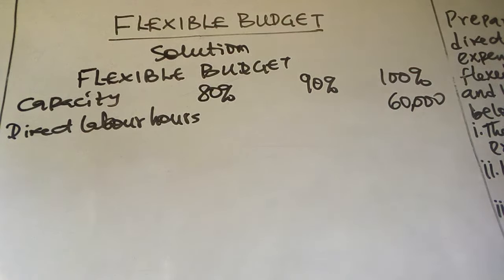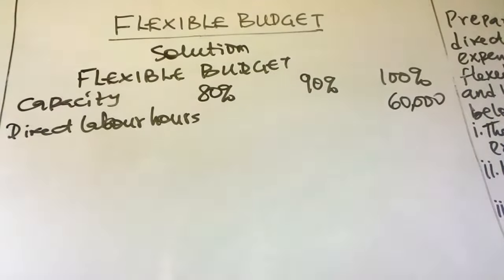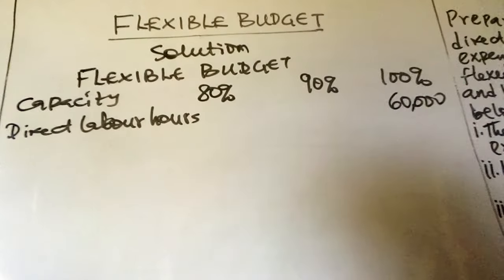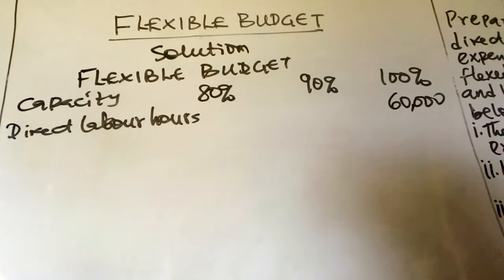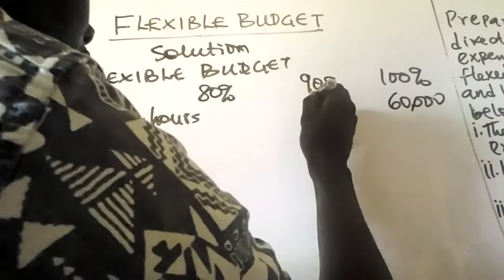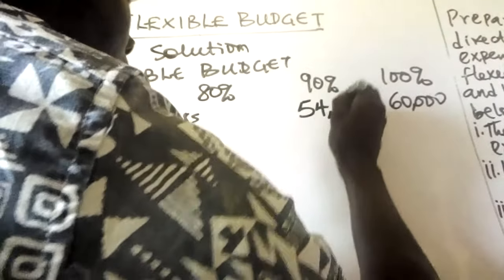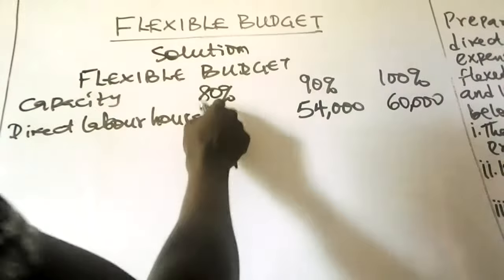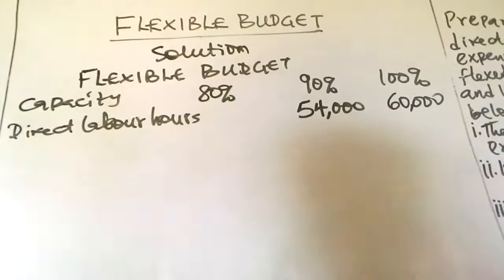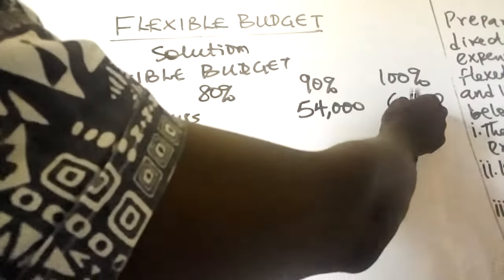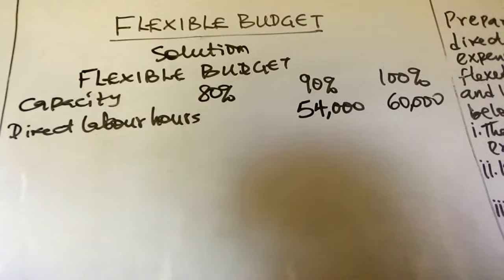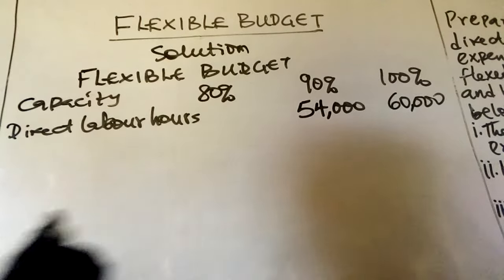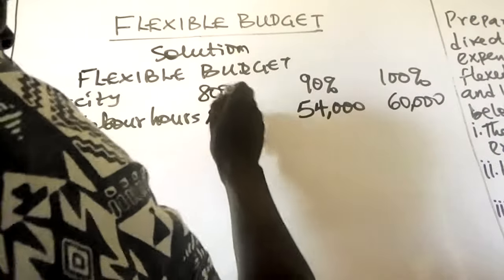Therefore, for 90% capacity, you calculate 90% of 60,000, that will give us 54,000 direct labor hours. Then for 80% capacity, you calculate 80% of 60,000, and that will give us 48,000 direct labor hours.